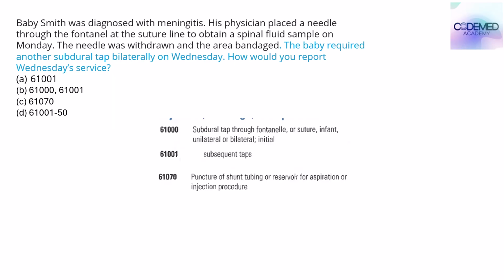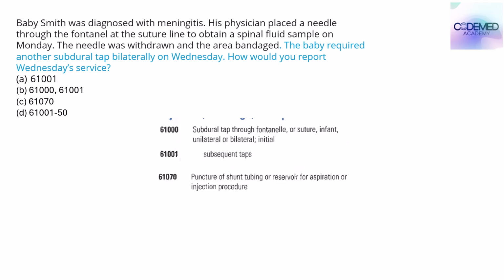Now let us take some examples. Baby Smith was diagnosed with meningitis. His physician placed a needle through the fontanelle at the suture line to obtain a spinal fluid sample on Monday. The needle was withdrawn and the area bandaged. The baby required another subdural tap bilaterally on Wednesday. How would you report Wednesday's service?